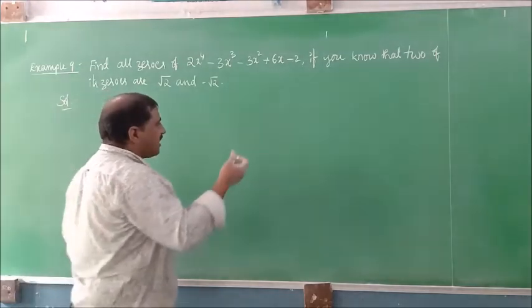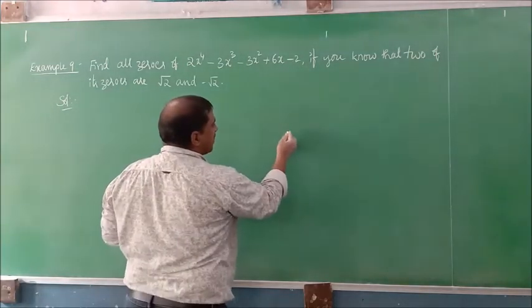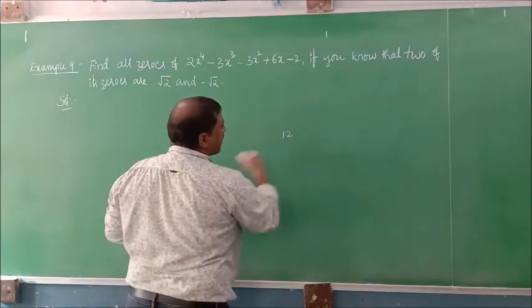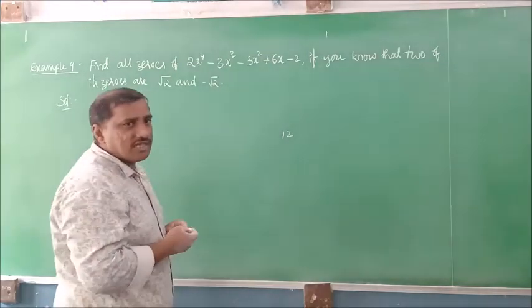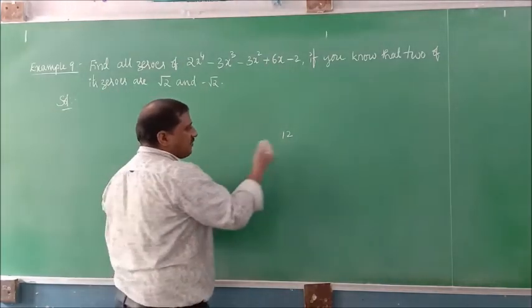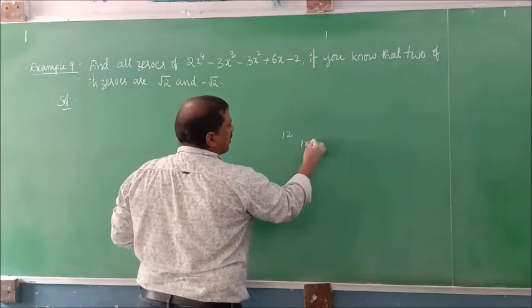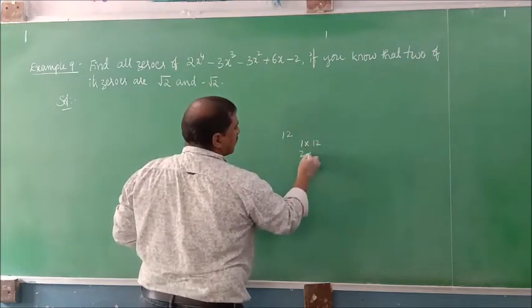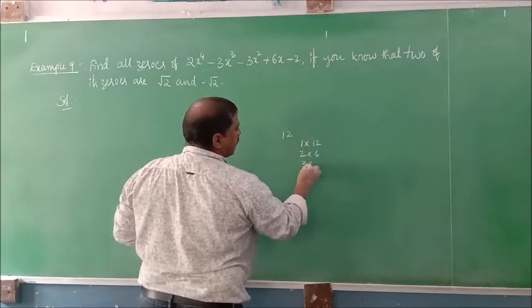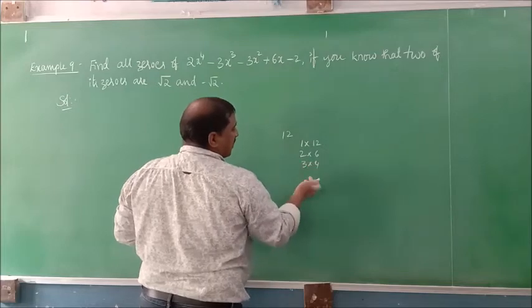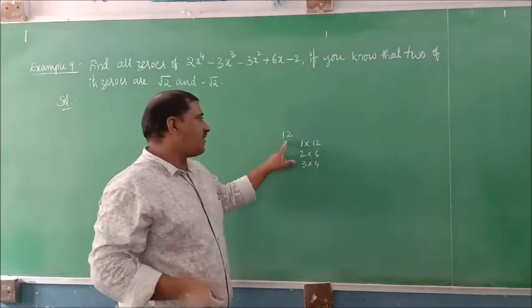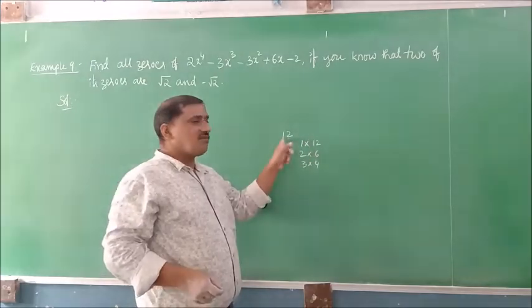For example, you take a number, say 12. So what are the factors of 12? 1 into 12, 2 into 6 is 12, 3 into 4 is 12. Now here you see 2 is a factor of 12, 6 is also a factor of 12.